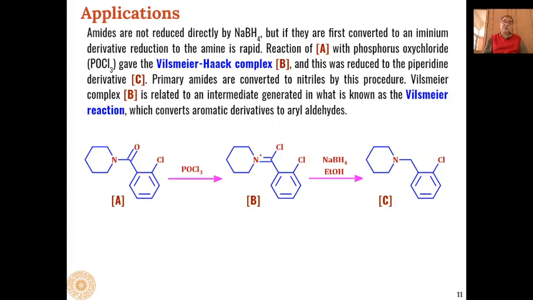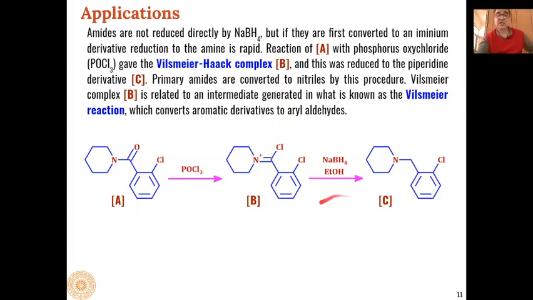But if we convert these amides with POCl3 to the Vilsmeier reagent, when POCl3 reacts with an amide, these types of salts are formed, which are called Vilsmeier-Haack complexes, or Vilsmeier complexes. Because these complexes have a carbon-nitrogen double bond, they can be reduced by sodium borohydride to the respective amines as the product.